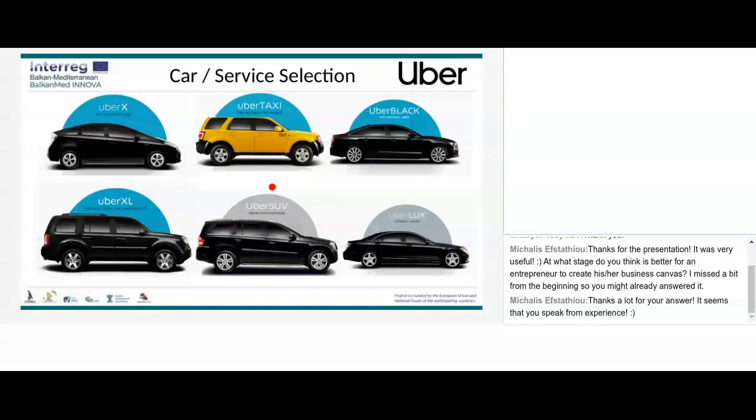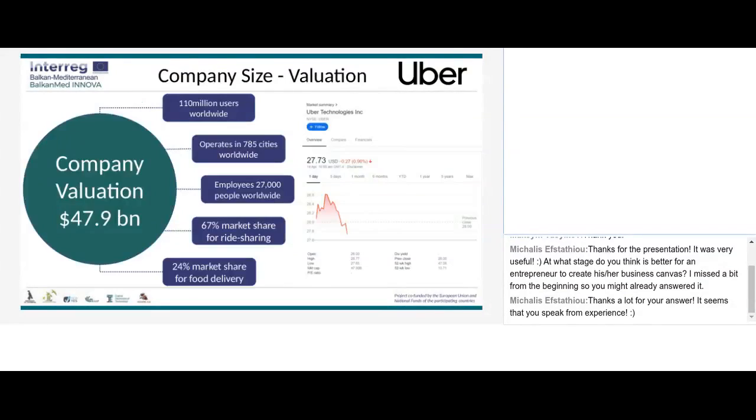We have Uber Black, which is only black cars, in between the regular and the luxury category. And we have Uber XL, which is for large groups. We're talking about big cars for 5 people and above. We have Uber SUV, which is a bit more expensive service, and Uber Lux if you want to go to your destination in a Mercedes or some other kind of luxury car.